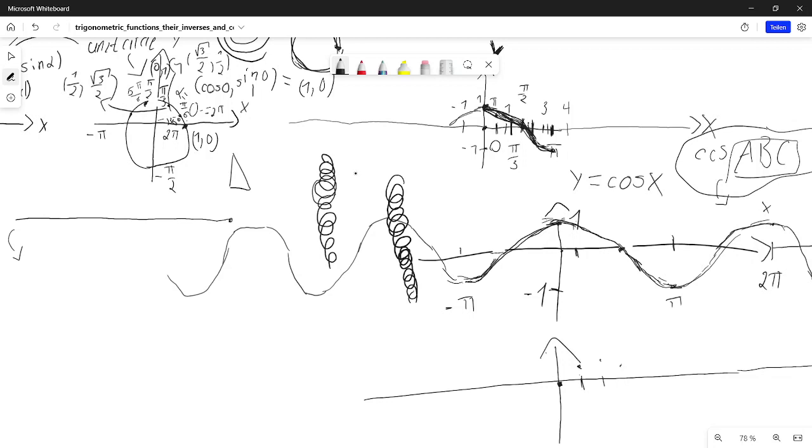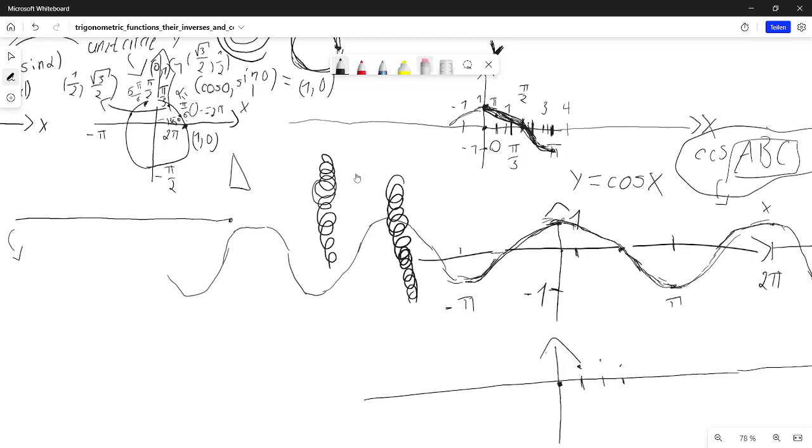Oh, no. Pi/6, 3 pi divided by 6. What am I doing? Yes, 4 pi divided by 6, or 2 pi/3, would be exactly here. Then 5 pi divided by 6, and that would be that.